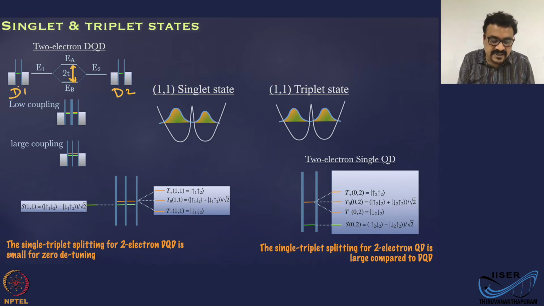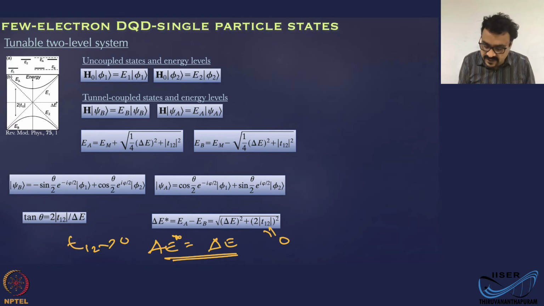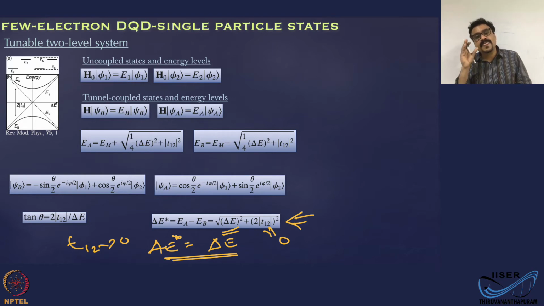The separation between EA and EB is a function of tunnel coupling, and you can see that from here. This says delta E is your original spacing, which is 0 in our case because we have assumed E1 and E2 are the same, and 2T is the tunnel coupling. That is the only thing which is going to contribute to the energy difference between the resultant states.